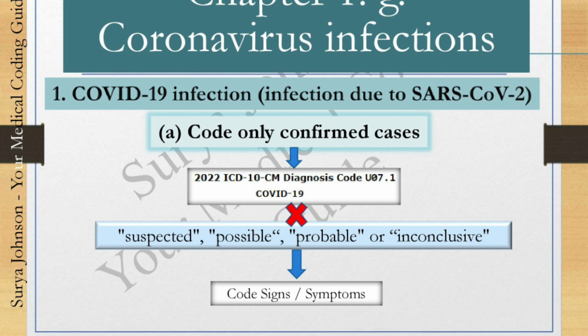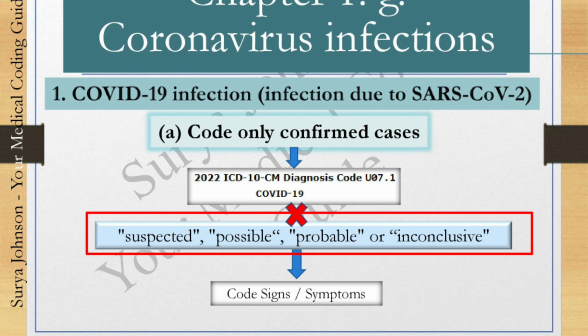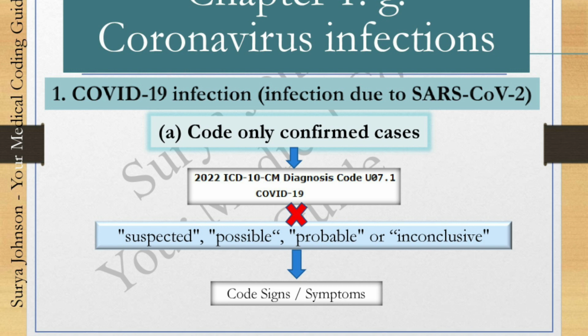Or if the doctor or the lab result states the patient is suspected, possible, probable or inconclusive, in this scenario we should code the signs and symptoms only, and you should not code the confirmed diagnosis because it's not confirmed but the physician is suspecting. In this scenario, code only the signs and symptoms.